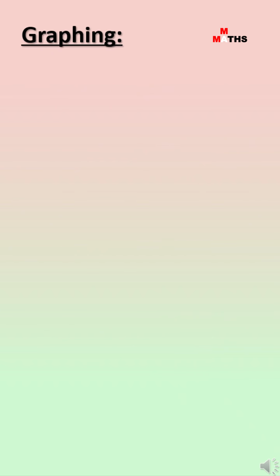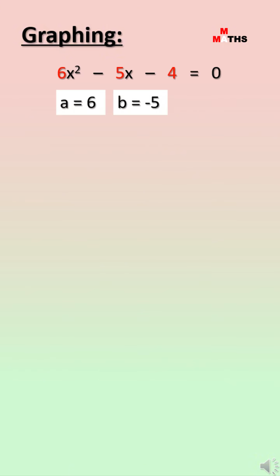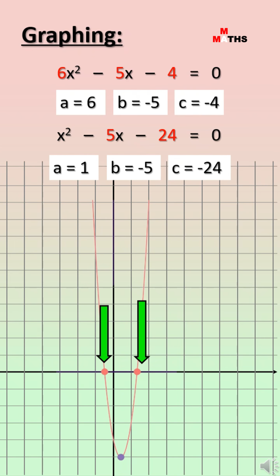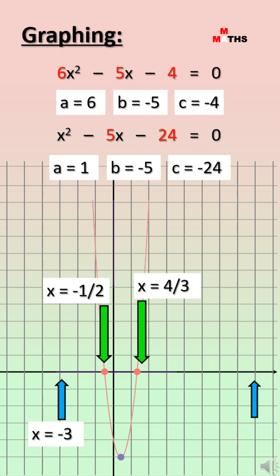Following on from the previous slide, we have a graph here of 6x squared minus 5x minus 4 and x squared minus 5x minus 24. The two roots labelled in green, x equals minus a half and x equals 4 over 3, are for 6x squared minus 5x minus 4. The two blue roots, x equals minus 3 and x equals 8, are for x squared minus 5x minus 24.